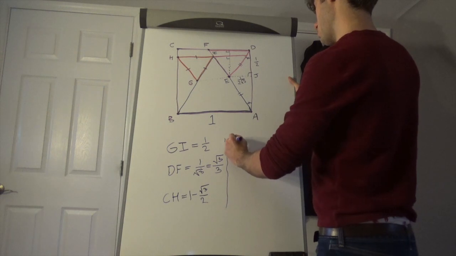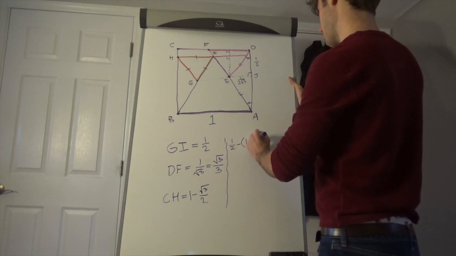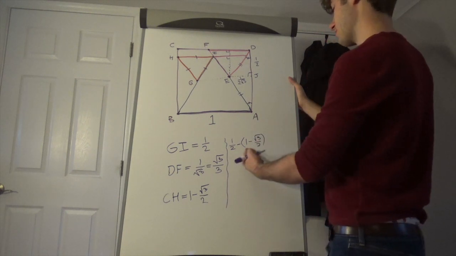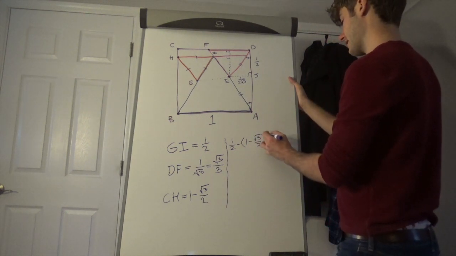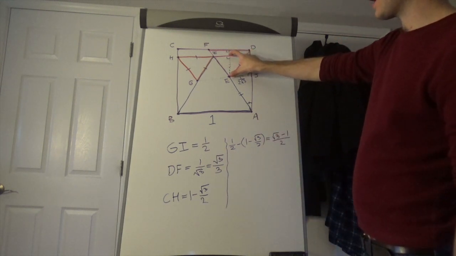Distributing the negative and combining like terms, we end up with the square root of 3 minus 1 over 2 as the height of this triangle here.